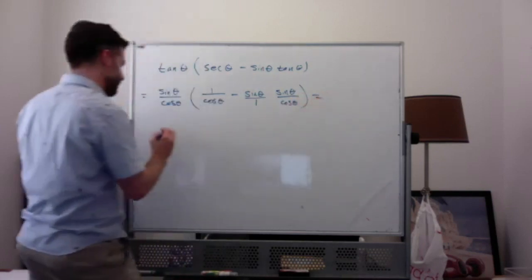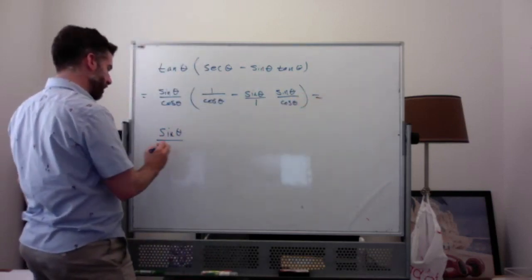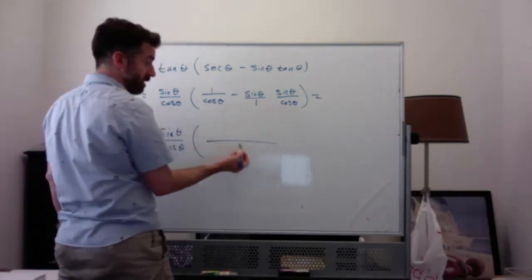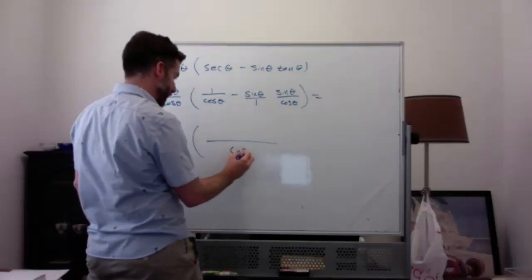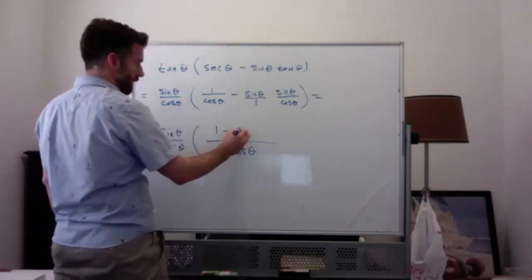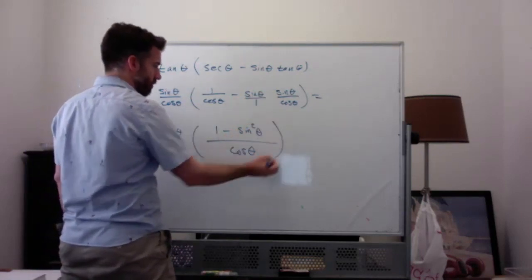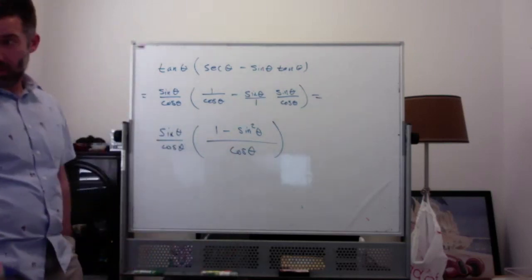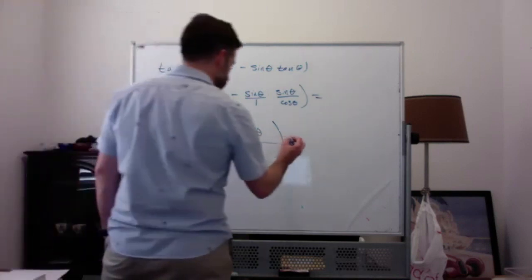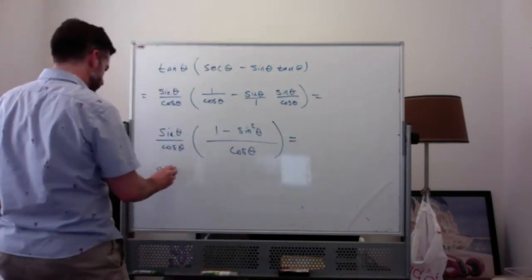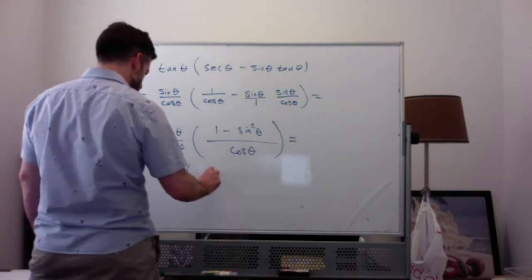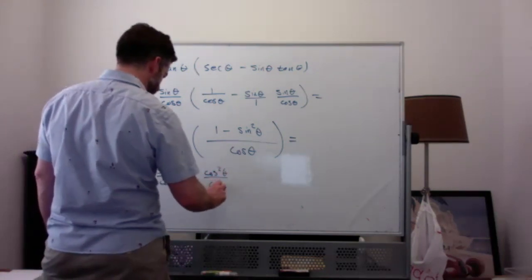So I can write this as still sine theta over cosine theta times, here my common denominator is cosine of theta. And my numerator is 1 minus sine times sine, which is sine squared theta. But we know, or we should know, that 1 minus sine squared theta is equal to cosine squared theta. So this becomes sine theta over cosine theta times cosine squared theta over cosine theta.